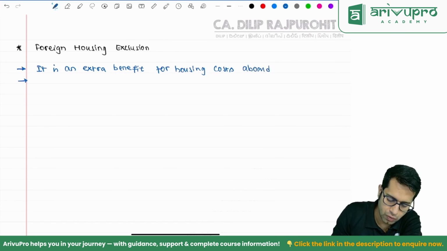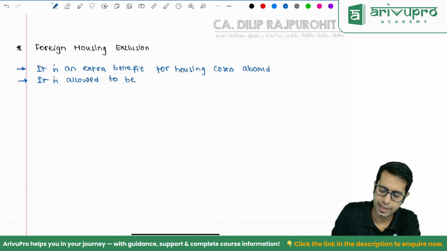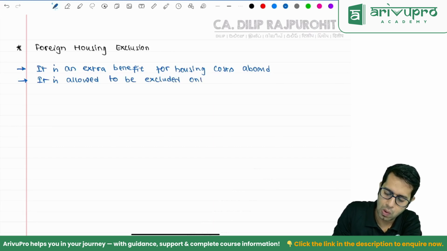It is allowed to be excluded only if it is paid by the employer.